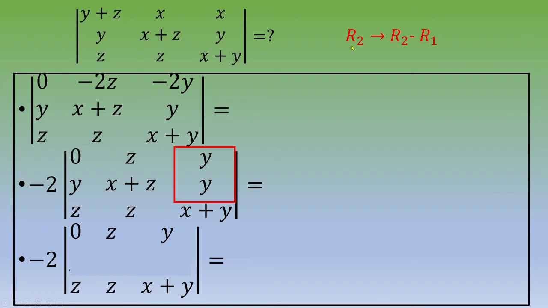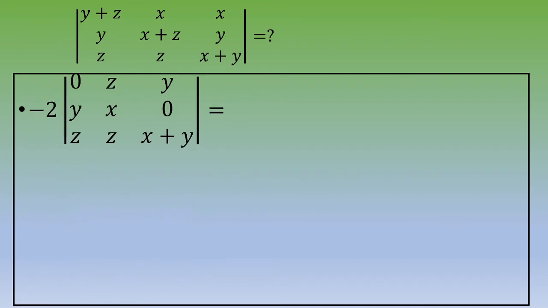Let's do that together. y minus 0, this is y; x plus z minus z, this is x; and finally y minus y, this is 0.